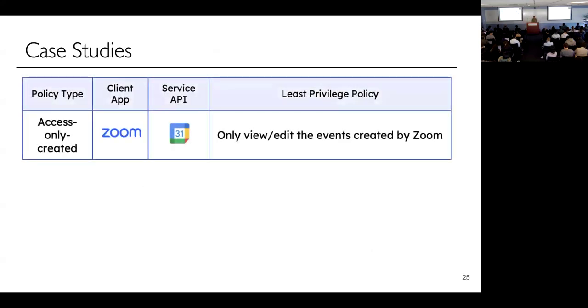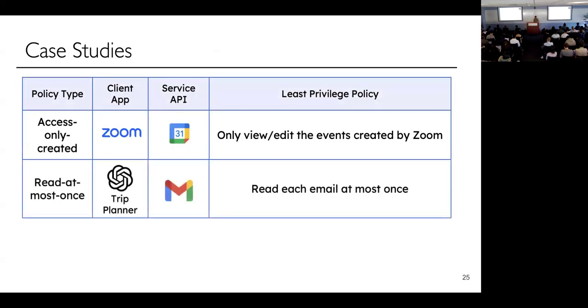Okay, so the Zoom example, I've spoken about it a lot. What else can you do? In this ChatGPT thing, you can ask it to interface with your Gmail, read through your Gmail, and if you have a flight confirmation or whatever, try to create an itinerary from that, like a trip plan.